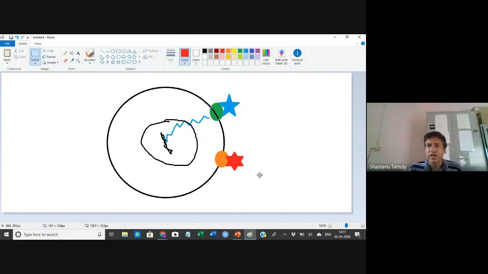Now, how will this red color cytokine inhibit the reactions caused by the blue color cytokine? One way is that after binding, it will start a cascade of reactions that will block the cascade of reactions initiated by the first cytokine. That is one way.